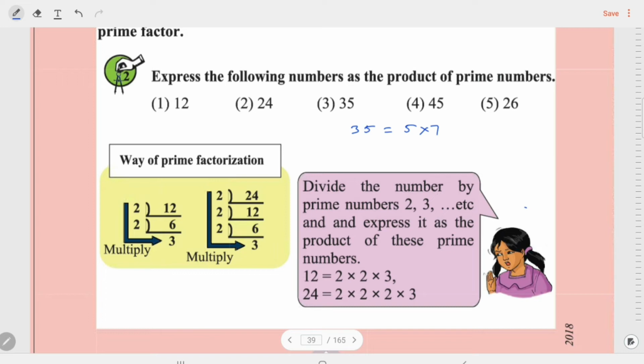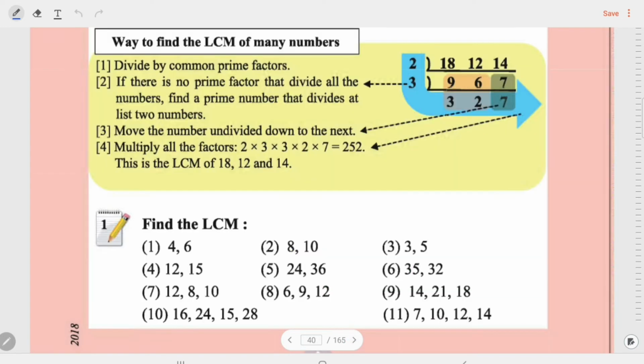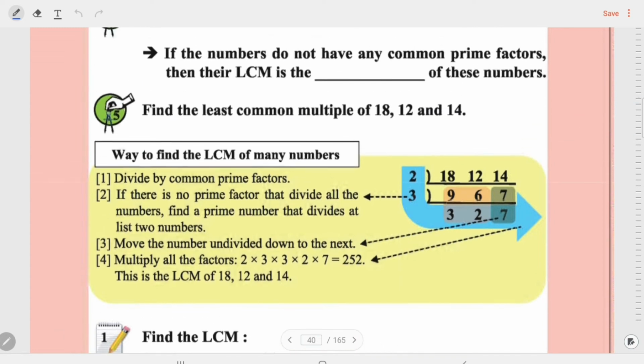So we have prime factorization like this: 2 into 6, 2 into 3, 2 into 2 into 3. Like that you can proceed to find the prime factors.